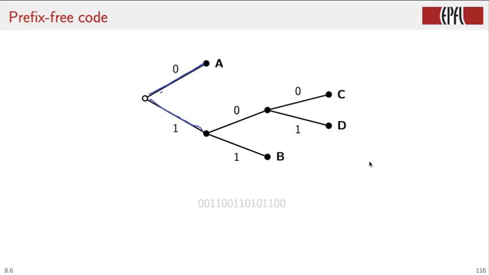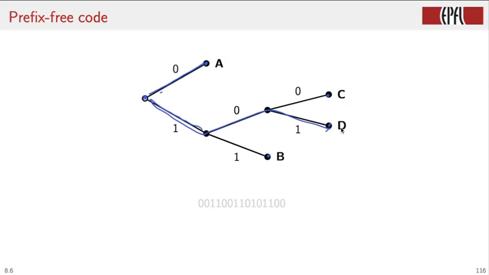The prefix-free condition is obtained by associating the symbols only to leaves of the binary tree and never to intermediate nodes. The binary word that encodes any of these symbols is obtained by following the path from the root of the tree to the final symbol. So for instance, the symbol D would be encoded by 1, 0, 1. The fact that the symbols are only at the leaves of the tree implies that no symbol sequence is the prefix of another symbol sequence.